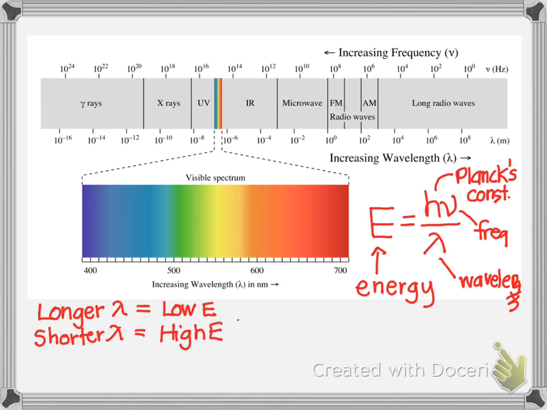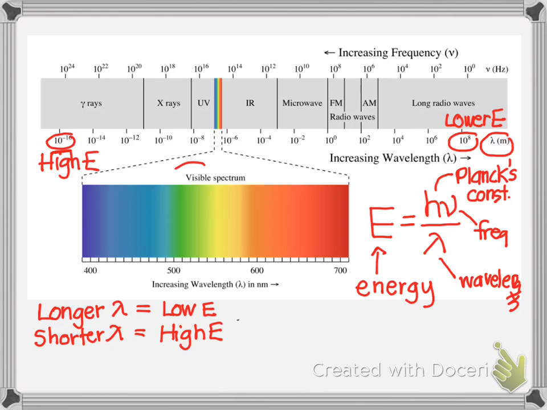So let's look at our electromagnetic spectrum. The wavelengths are down here at the bottom, in meters. This is 10 to the negative 16, and this over here is 10 to the 6. So this end has a shorter wavelength, so gamma rays have a higher energy. And these radio waves at 10 to the 6 have a lower energy. So the energy of the light relates to its wavelengths.